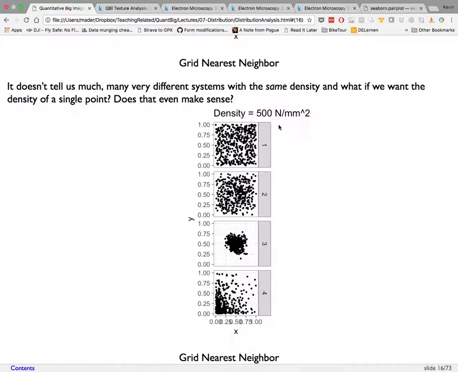All of them in this simple density metric would get exactly the same value, which is probably not what we want, because it's very evident to us that this density is different than this density, and that this density is very clearly different than that density. If we're trying to quantify differences between these samples, we don't want a tool that's so easily fooled or groups all of those things into the same distribution.